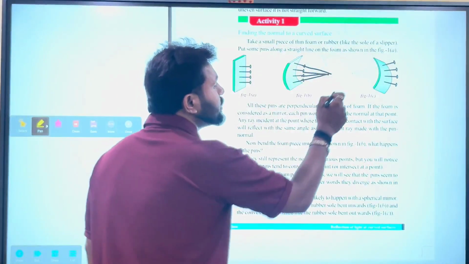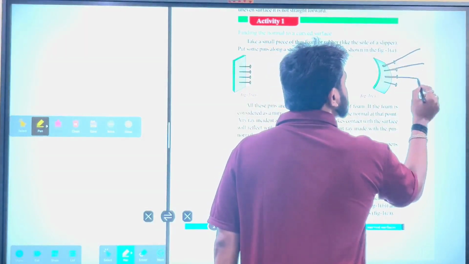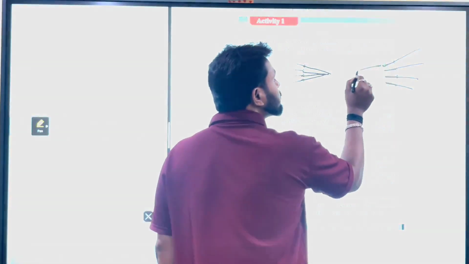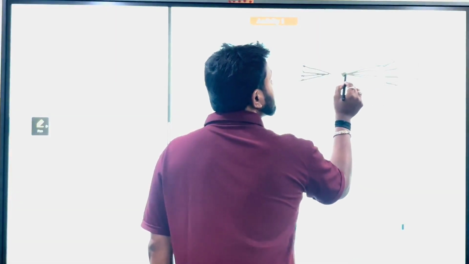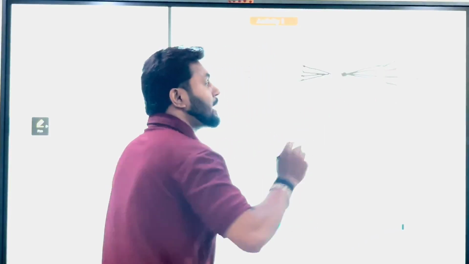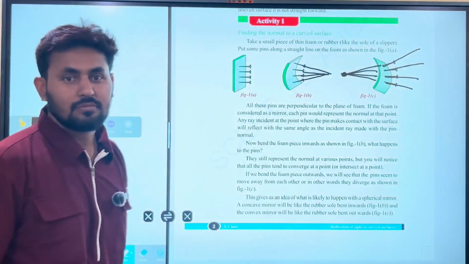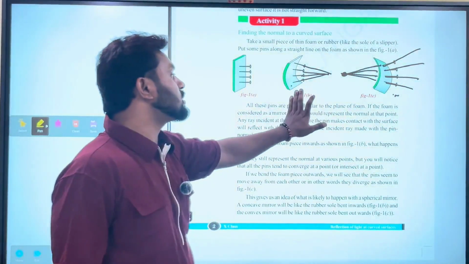But over here, when you see, all these normal lines are getting diverged, but their reflections will meet at one point if we further drag the reflected rays by the convex mirror. That's why this is called a diverging mirror and this is called a converging mirror.